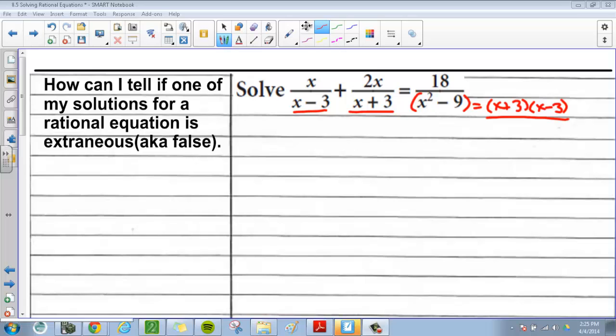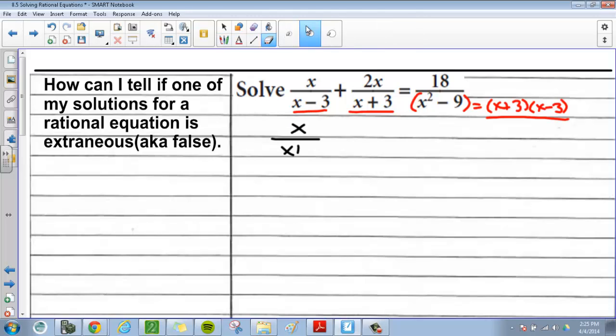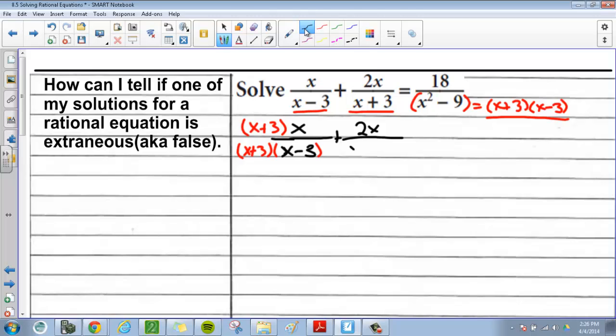Right here we have our x over x minus 3, and we want to get the common denominator, so we have to put in x plus 3 over here to go with it, and we got to put that up on top, x plus 3 as well. Then we have our plus here, and then I have my 2x over x plus 3, but we need the x minus 3 on the bottom too, and on top.